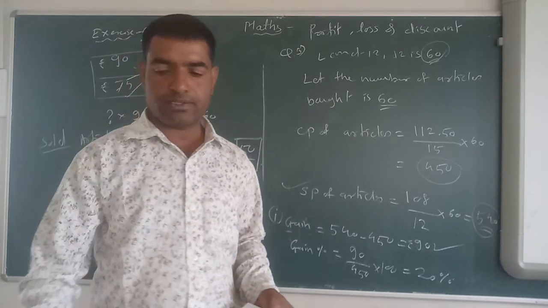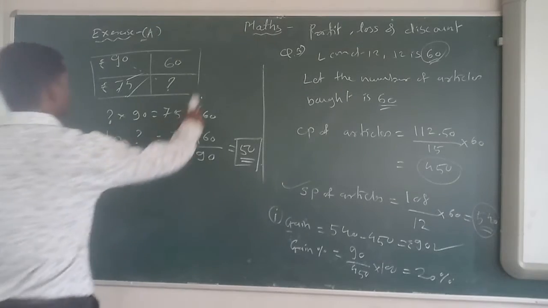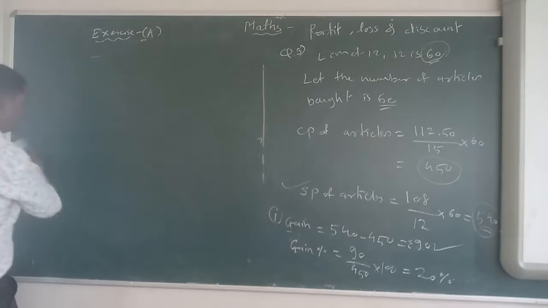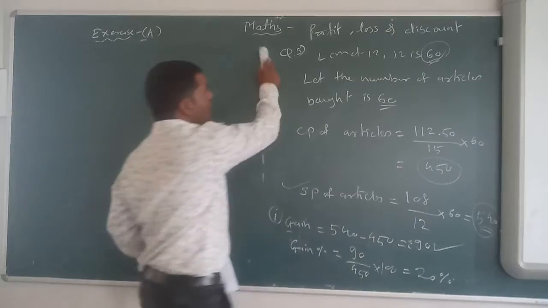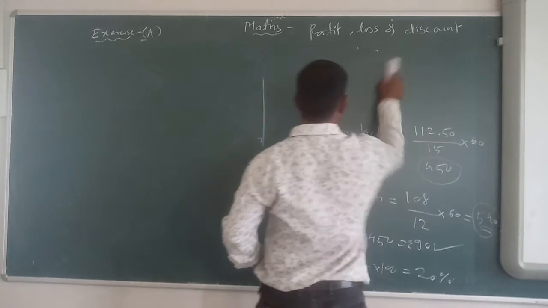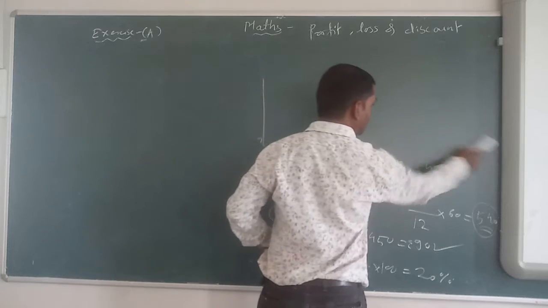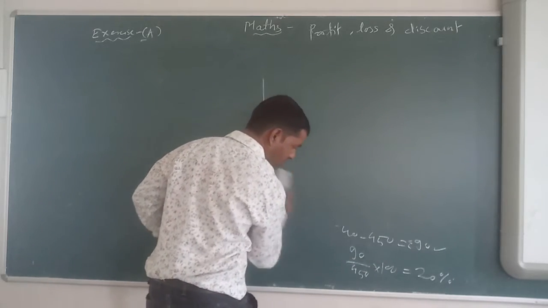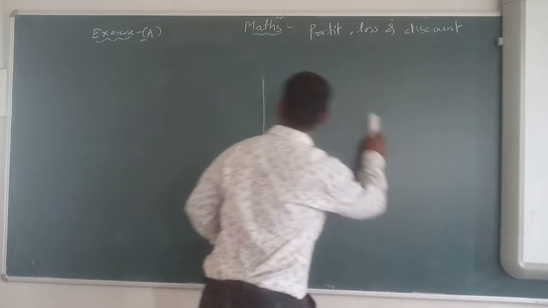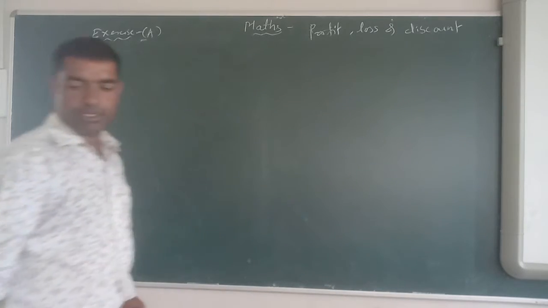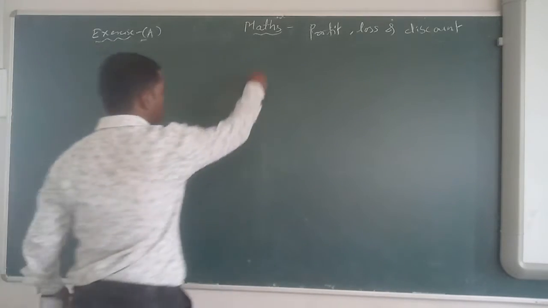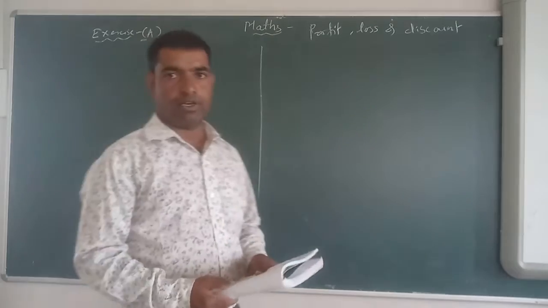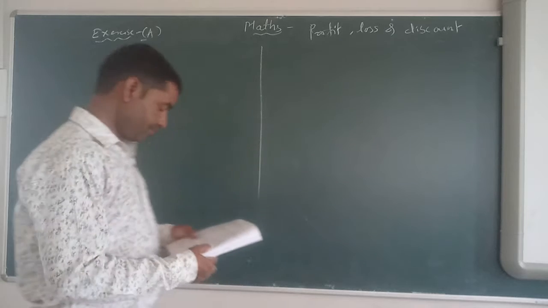That means here CP is given, SP is given. Both things are given, and then you have to find the gain or loss. When CP and SP both are given, it is very easy to find the gain percent or loss. But here another thing is given, overheads, extra expenses are given.